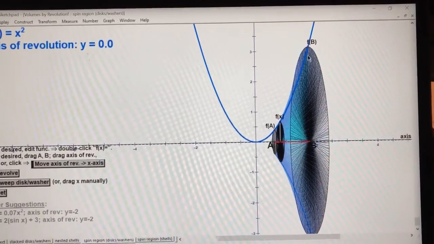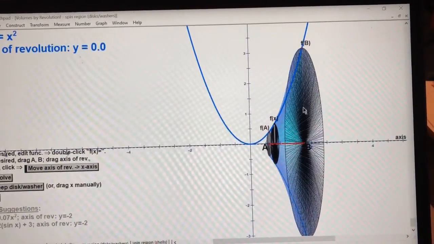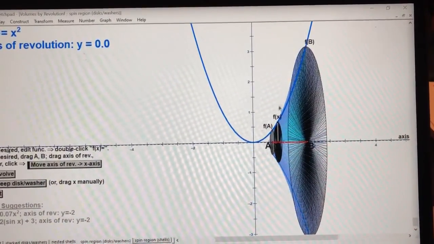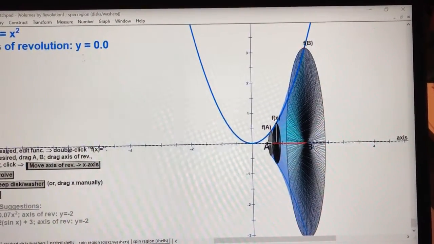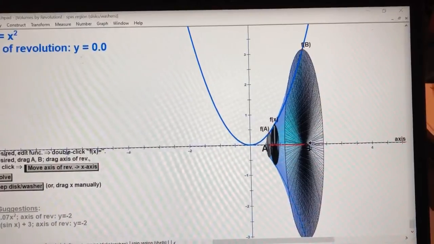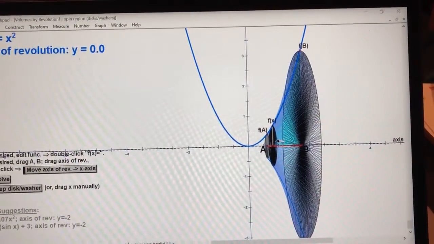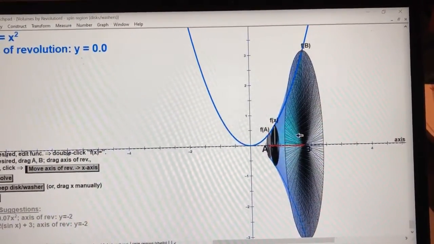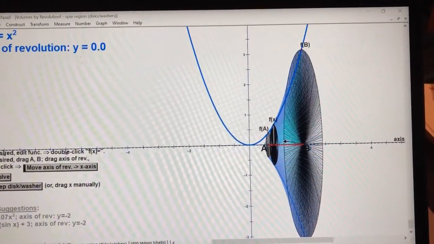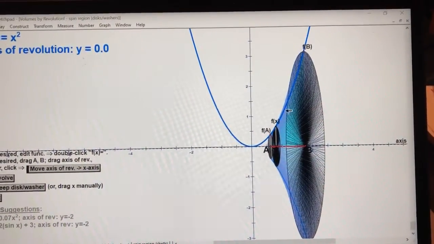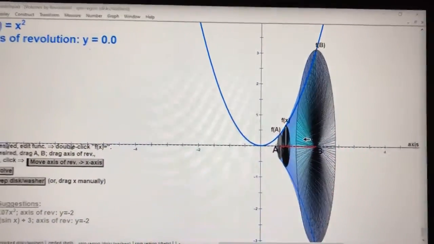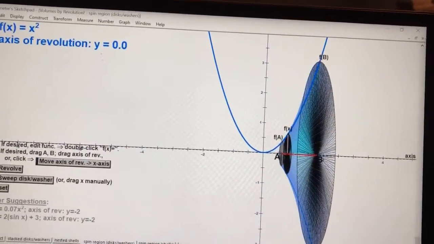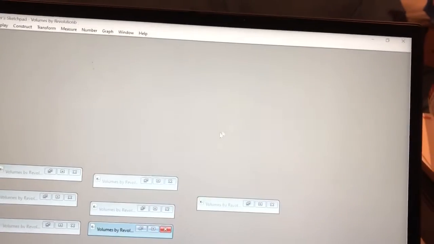That would be my radius, and in this case would be my value of f of x. So if I integrate from this value of a to b of each of these areas of the circle, which would be pi r squared, where r is the value of the function, dx, I would get the volume of that figure. Now I'm going to go ahead and switch to another figure.